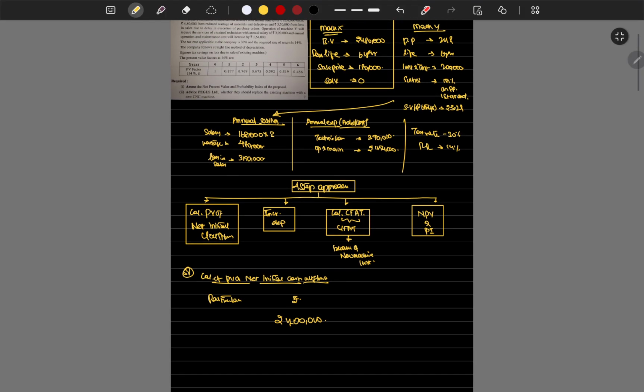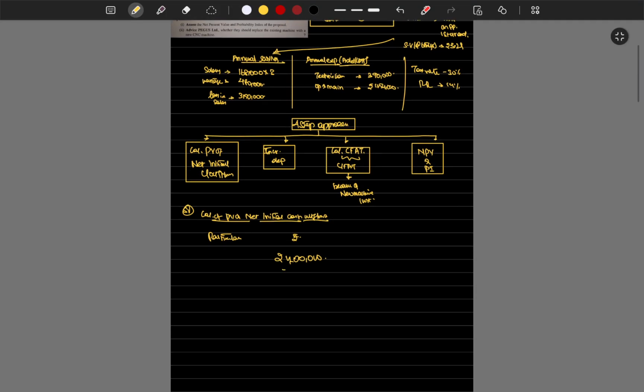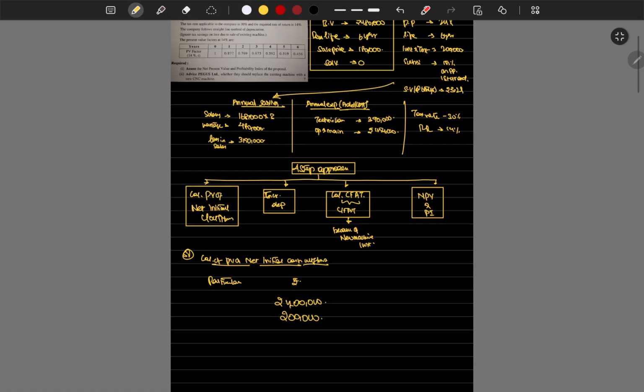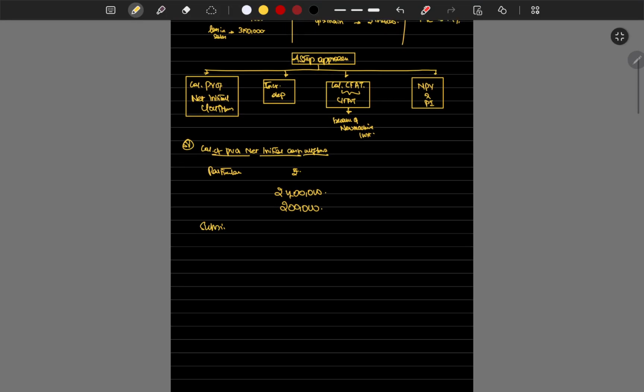Then installation and testing, which is 2 lakhs. Then comes subsidy, 15% at the first year end. So what's the PP? PP is 24 lakhs, no?